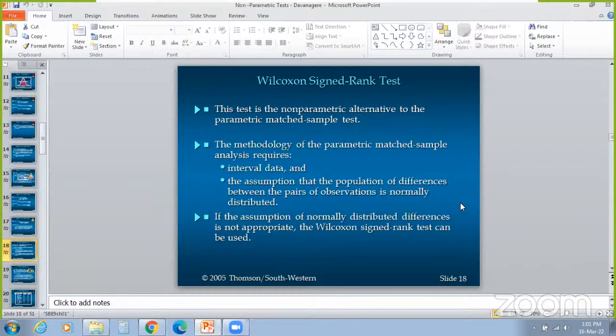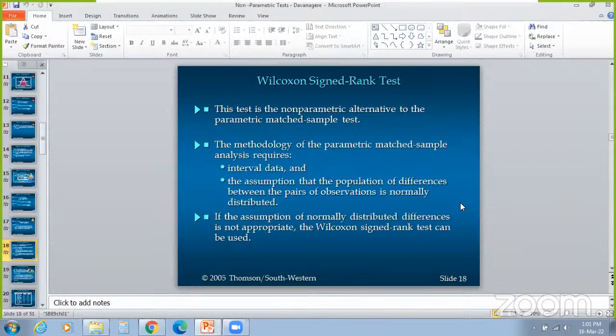And the next one is the Wilcoxon signed rank test. This is also a non-parametric test, and it is an alternative to the matched pair test in the parametric setting. Earlier we used the z-test and t-test for matched pairs for two dependent variables.